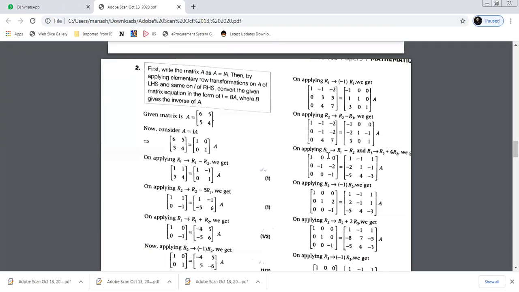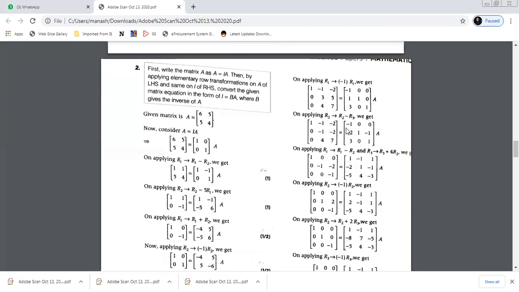Clear? So how can we make this? Row 1 tends to row 1 minus row 2. So 1 minus 0 is 1, minus 1, that means -1 plus 1, which is equal to 0. Then -2 minus -2, so -2 plus 2, which is equal to 0.